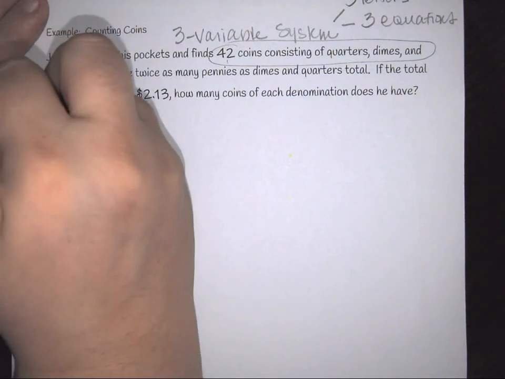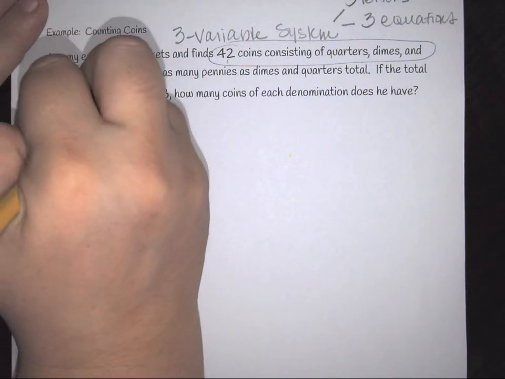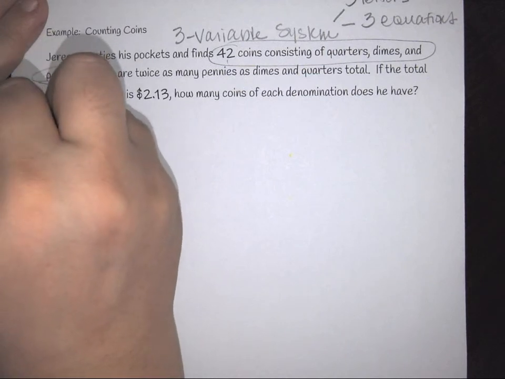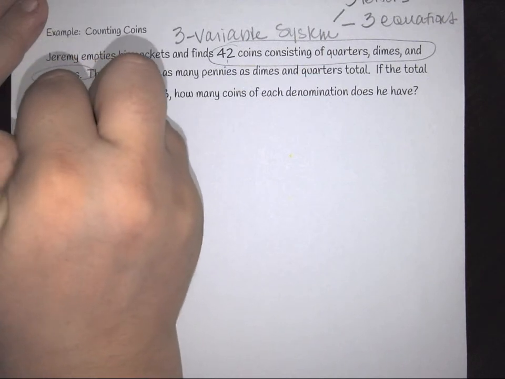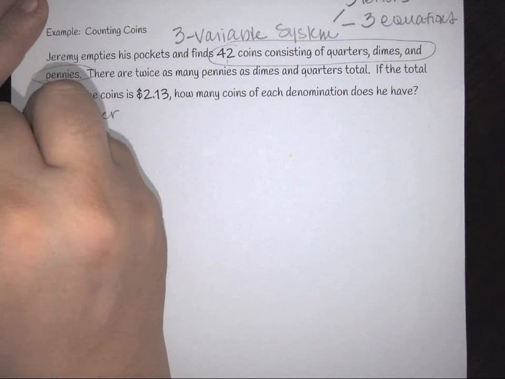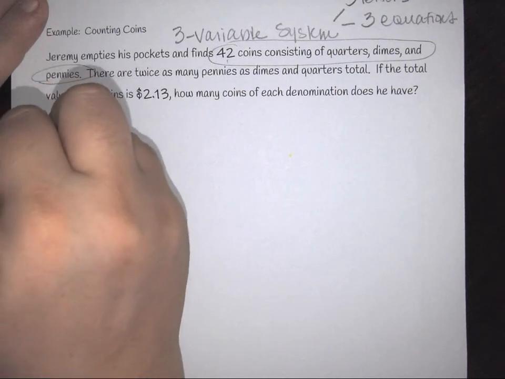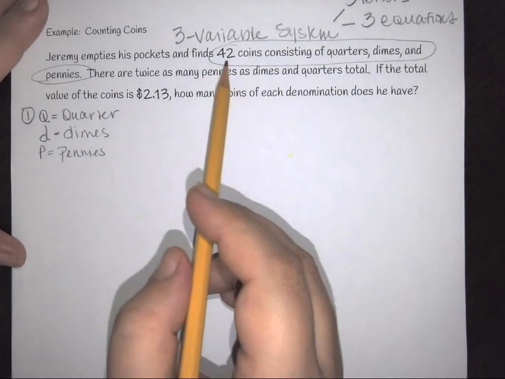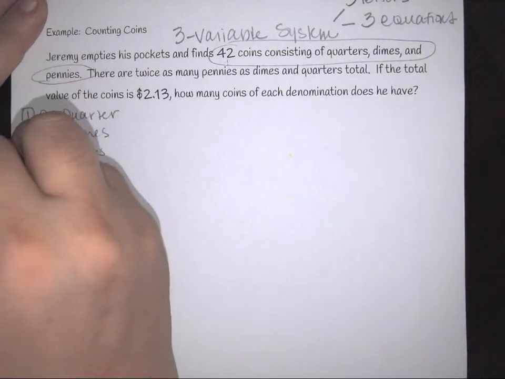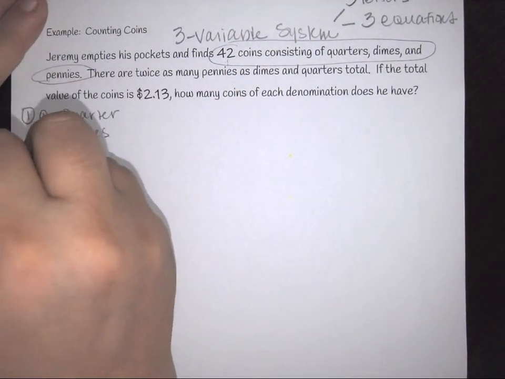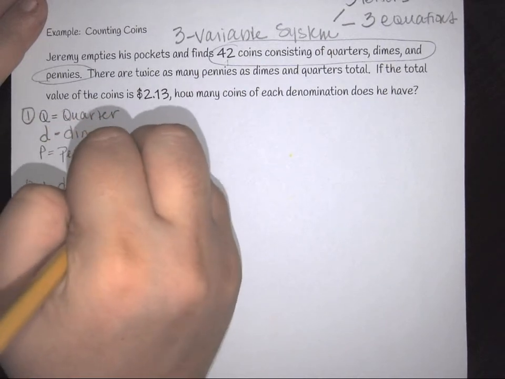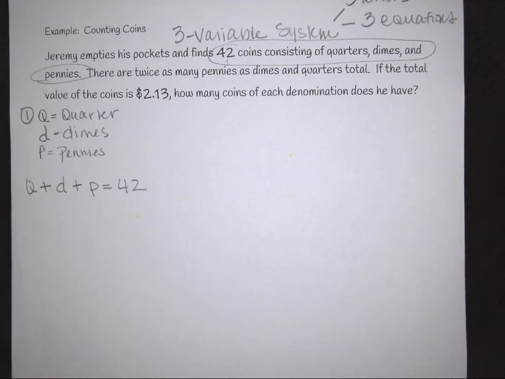So Q for quarters, D for dimes, and P for pennies. Now, we know that there are 42 of them. So we know quarters plus dimes plus pennies must equal my 42. So that's your first equation.